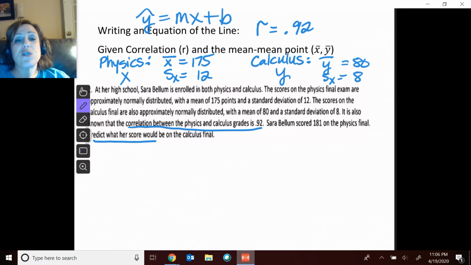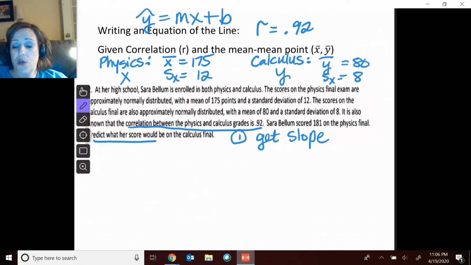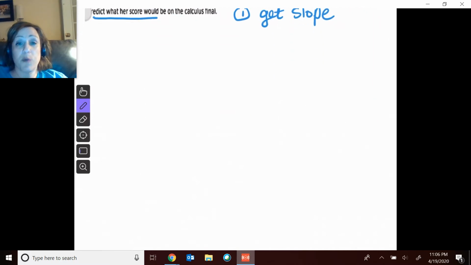All right, we want to make a prediction, but first we have to get that prediction line. Because they were approximately normally distributed, I guess we're saying that a linear model is a good fit. So here we go. The first thing we want to do, step 1, is get the slope. I'm going to show you the formula chart.